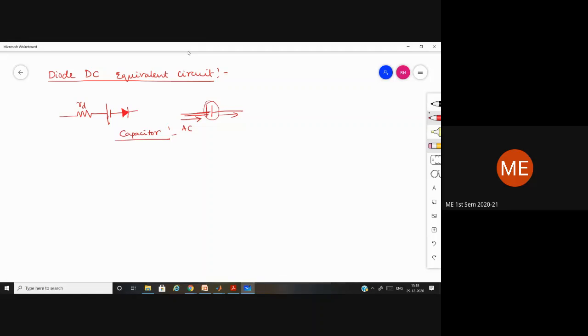So during that time, it will just act like a short circuit and allow the current. But the capacitor will charge whenever a DC signal is given. That's why we say the DC signal gets blocked. Block means what? Store, right? So a capacitor blocks DC and allows AC.